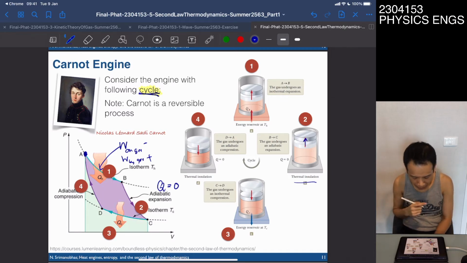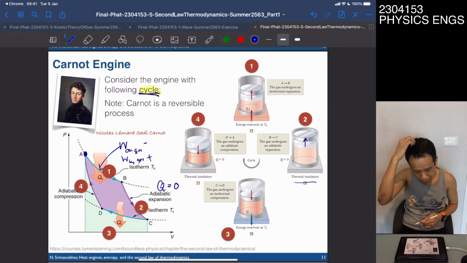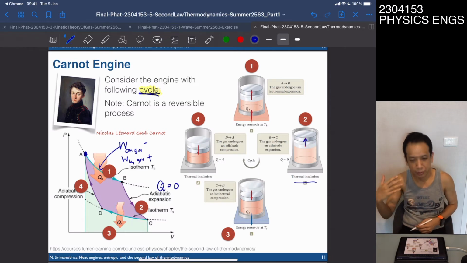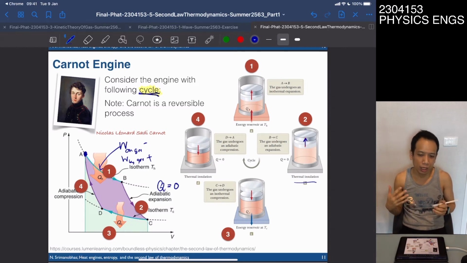After that, in the process C, again it goes along an isothermal process, okay? So now you have the reservoir. However, in this situation, you start to compress it. Not you, the system starts to be compressed.